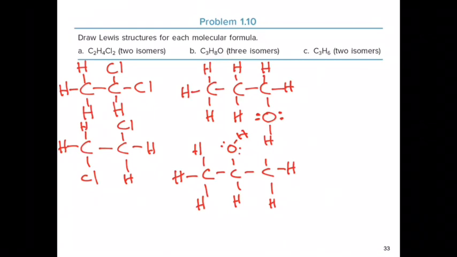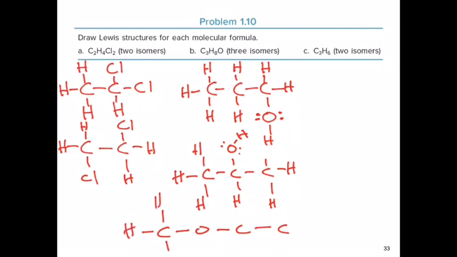And the last isomer would be to replace one of the carbons, maybe the middle carbon, with an oxygen. So now we have carbon, oxygen, carbon, and then another carbon here. And then a total of 8 hydrogens.